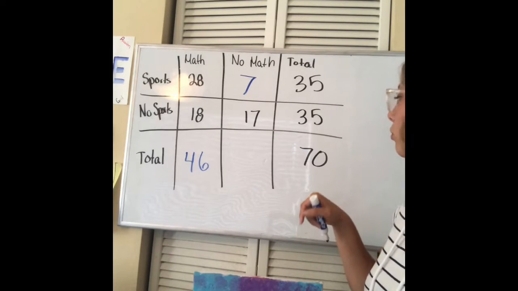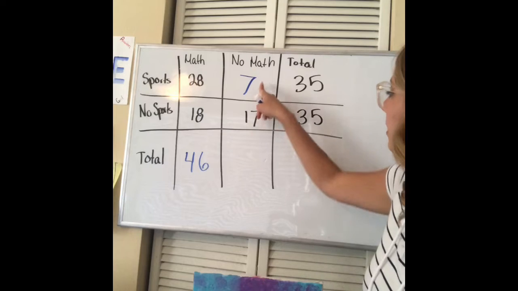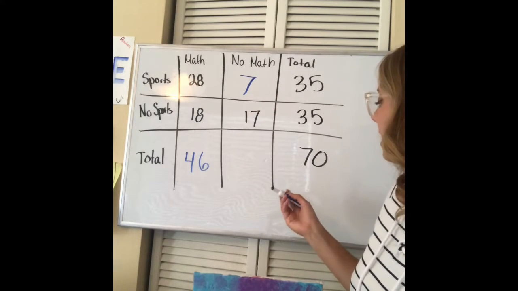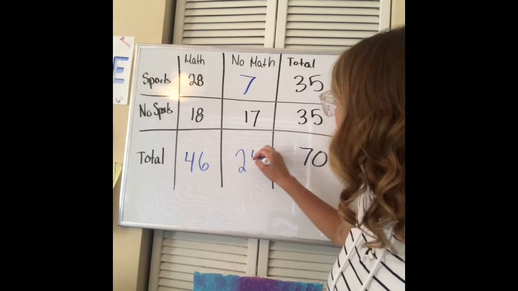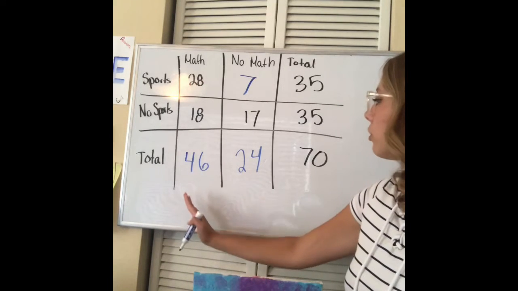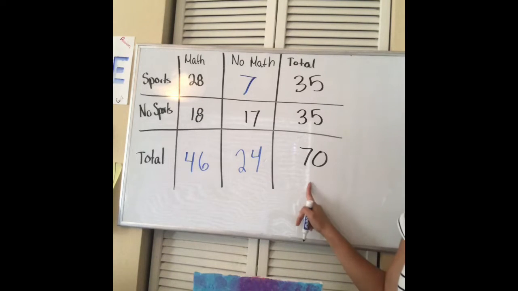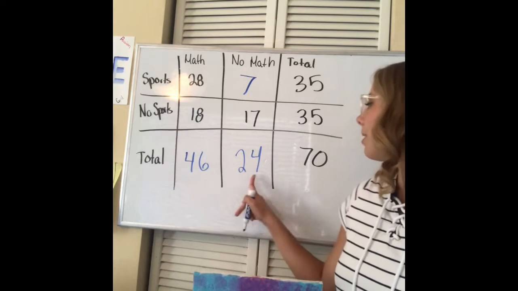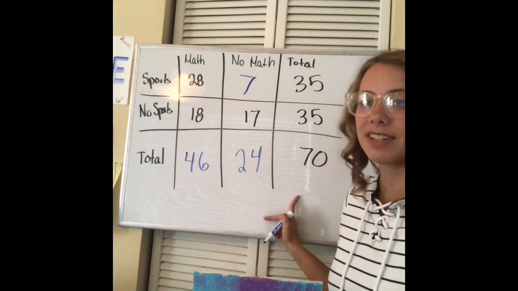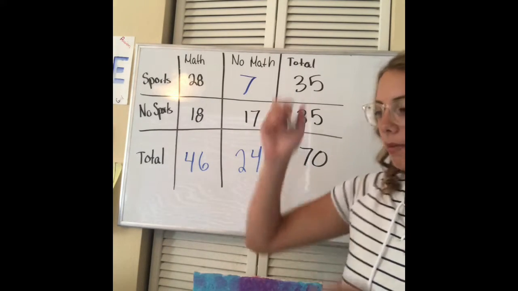And now for students who don't like math, again, we're just going to add down the columns. 7 plus 17 is 24. And now to check our work, we're going to add these two columns to see if it equals the total. So 46 plus 24 is 70, so it equals the total. And that is how you fill in a two-way frequency table.